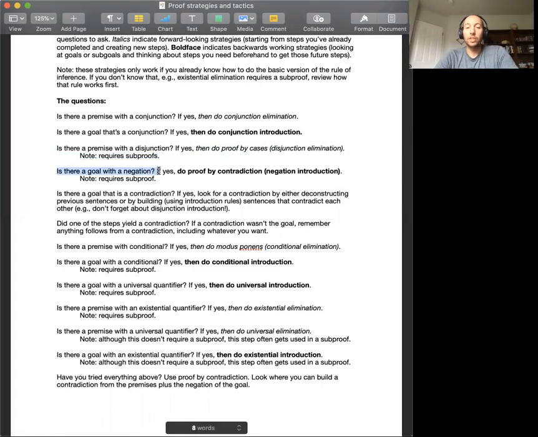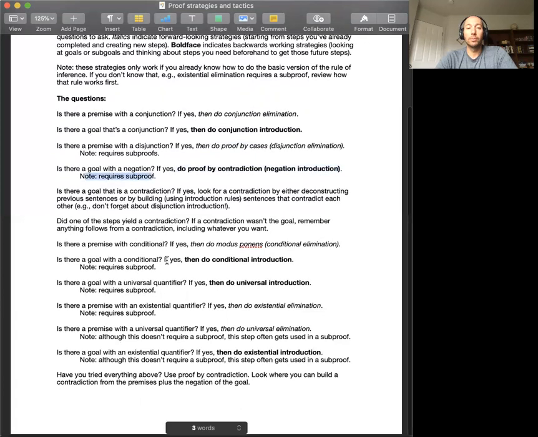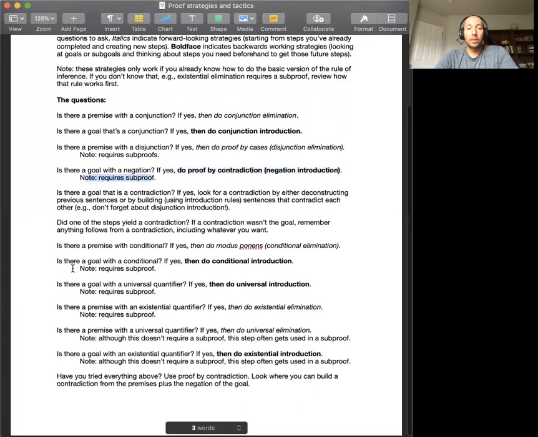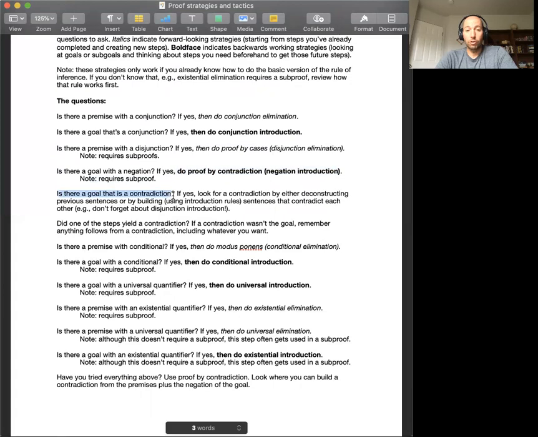Is there a goal with negation? If yes, then do a proof by contradiction. Again, note that that requires a subproof. Is there a goal that is a contradiction? Then, if yes, look for a contradiction, and there are two ways of doing it. You can either deconstruct previous sentences, so you'll notice that certain parts of a conjunction, if you can take those out, would give you a contradiction.